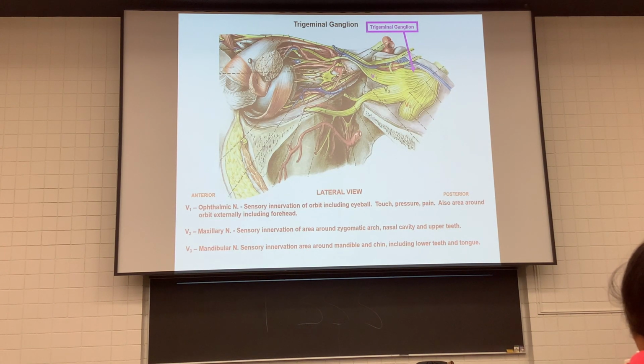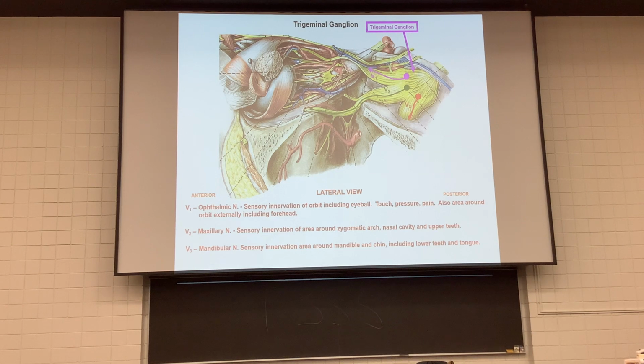Okay. Let's come back and look at this, because this is an important concept. So we're going to do the same thing we just talked about before. Ganglion cells carrying information from different parts of the face, but they are all carrying touch, pressure, and pain from those areas.